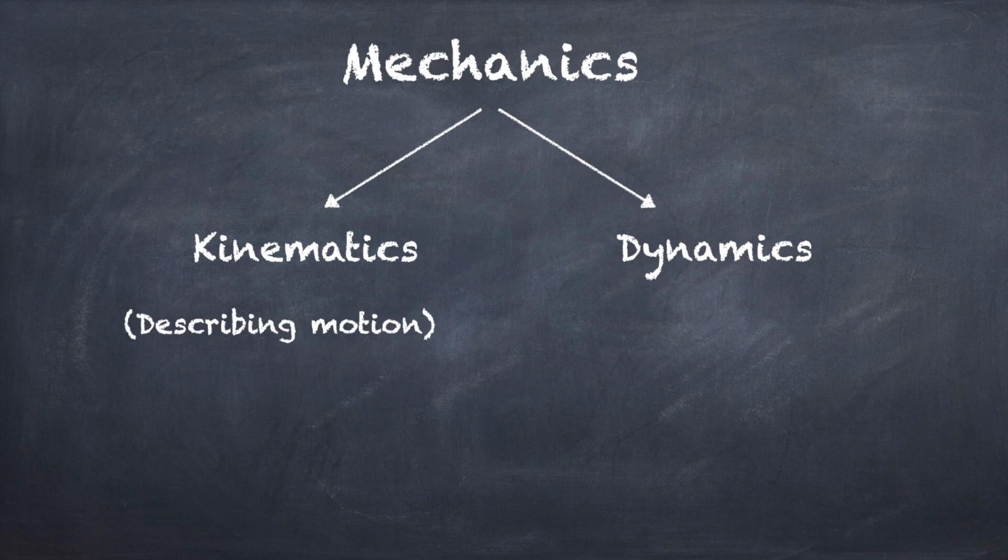Now, I don't mean describe like with words such as fast or slow. What we mean here is using math to model the motion that we observe in our everyday lives. Dynamics, on the other hand, refers to the study of the causes of motion, namely forces, which we'll study later in this course. But for now, let's focus on what's necessary for describing motion.